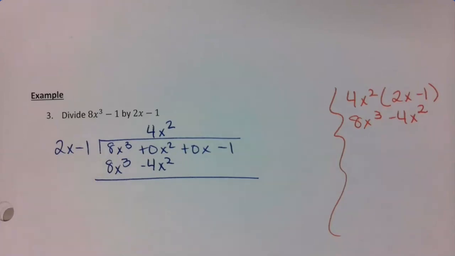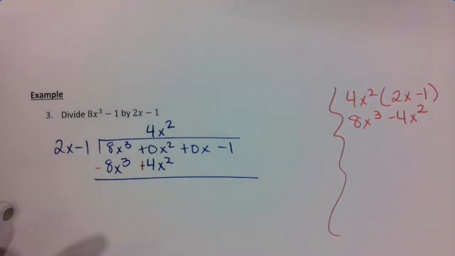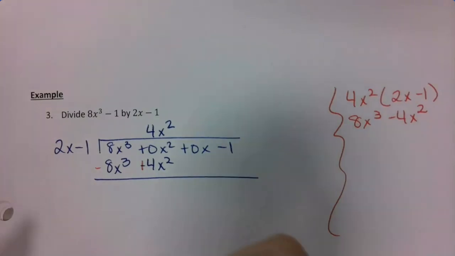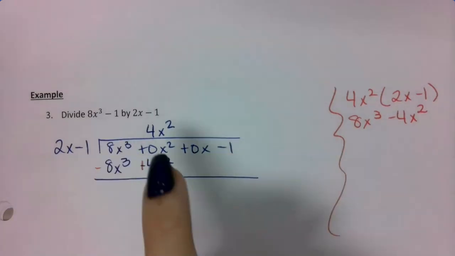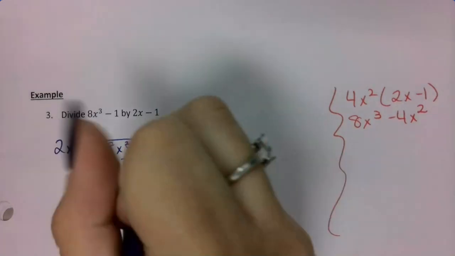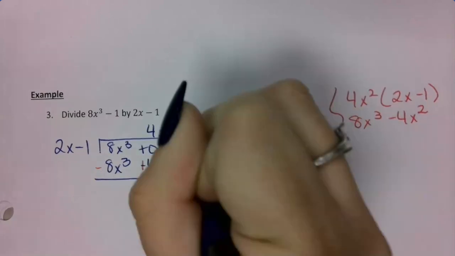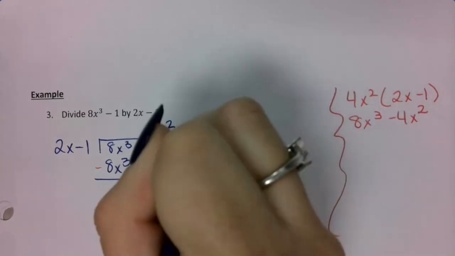Okay. Then I want to change my signs here. So I'm going to make that a negative 8x cubed and a positive 4x squared. So the 8x cubes cancel out. I have 0x squared plus 4x squared, which gives me 4x squared. Then the other two terms just go down.